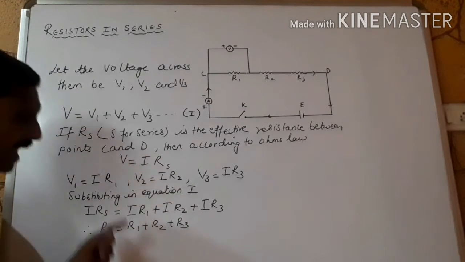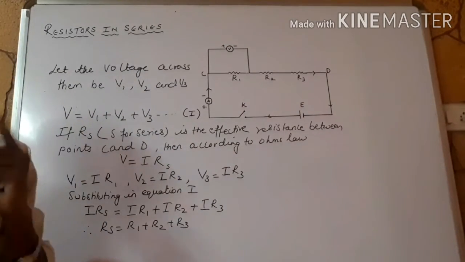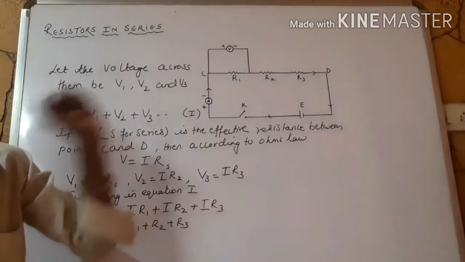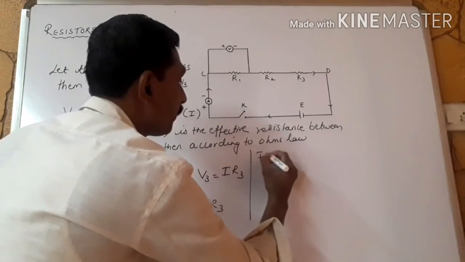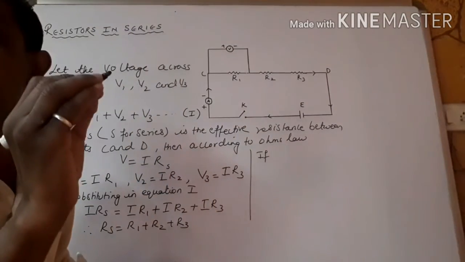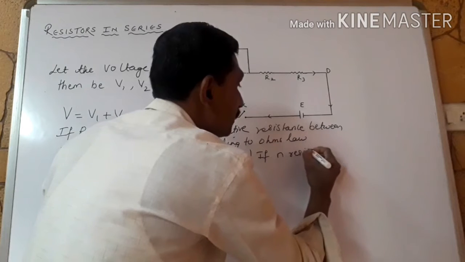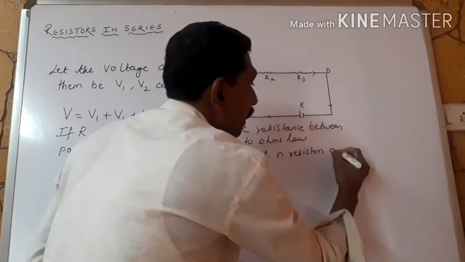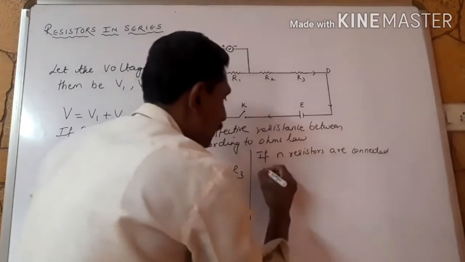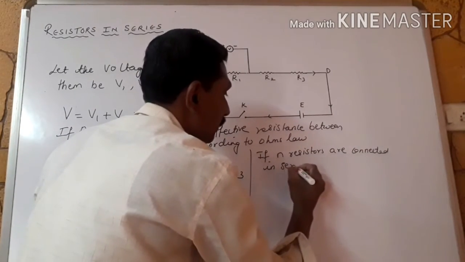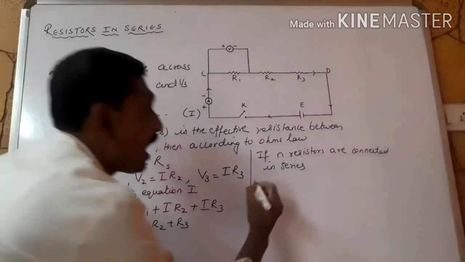Now if n number of resistors are connected in series, then what will be the effective resistance?